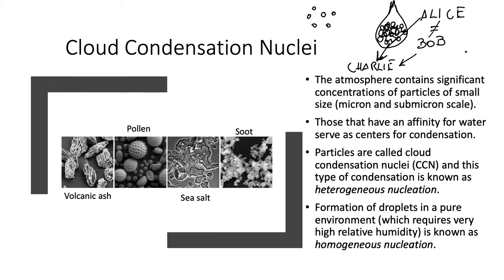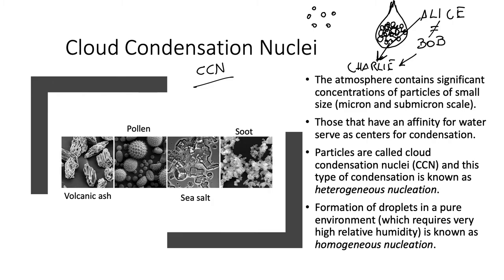And these particles are known as cloud condensation nuclei, which is often abbreviated CCN, because life is short, and so you'd often hear people just say CCN because it's just shorter. When dust particles or CCNs favor the creation of the droplet, you talk about heterogeneous nucleation.